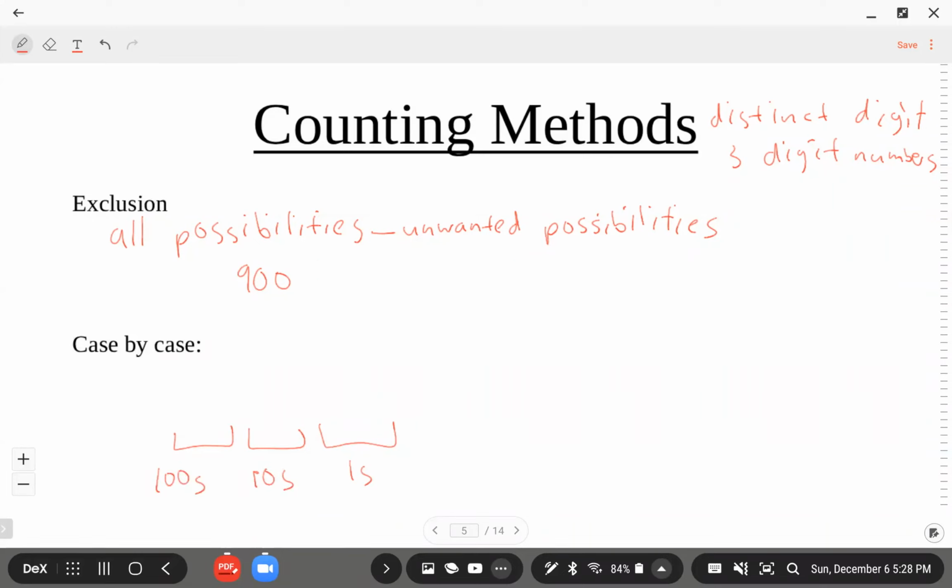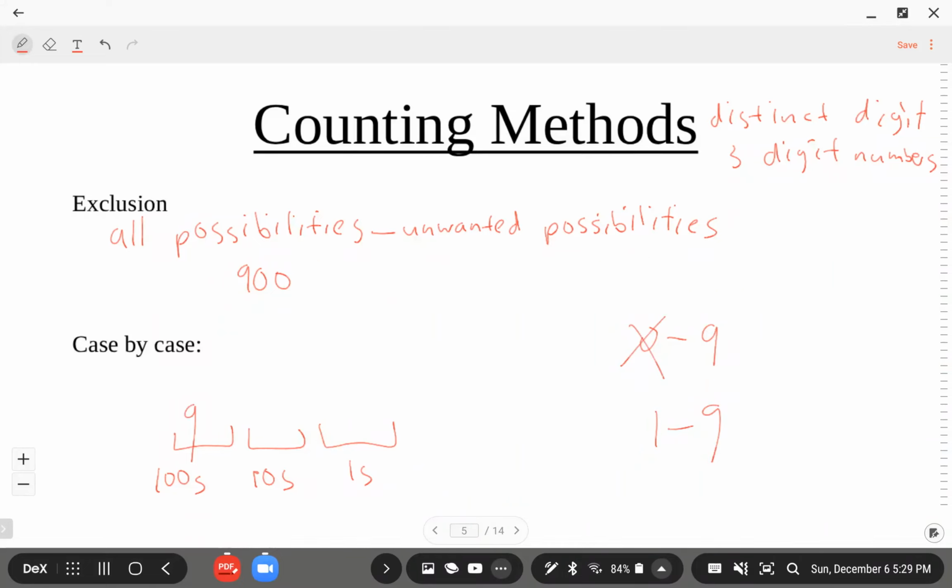So in the hundreds digit, can we have zero? Of course not. We can't have 095. That would not be a three-digit number. Usually we would have 0 through 9 as our choices, but now we have to exclude 0. So 1 through 9, that'd be 9 digits possible.